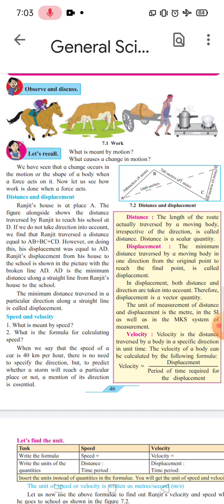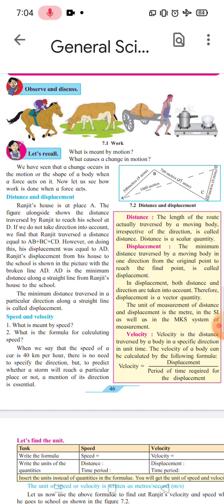As direction is considered in the second example, it is a vector. Displacement is a vector quantity. The minimum distance traversed by a moving body in one direction from the original point to the final point is called displacement. In displacement, both distance and direction are taken into account.